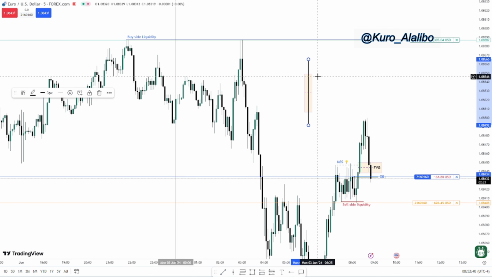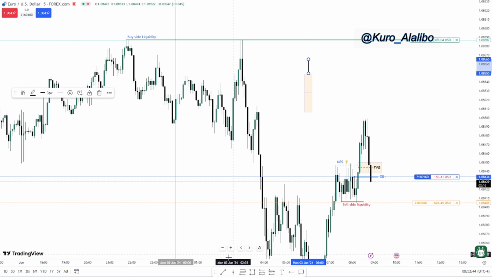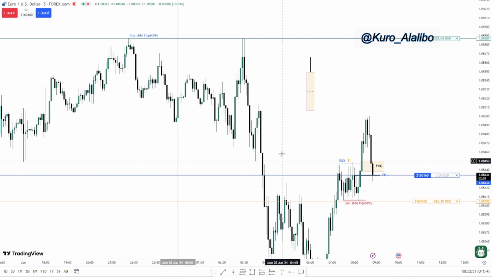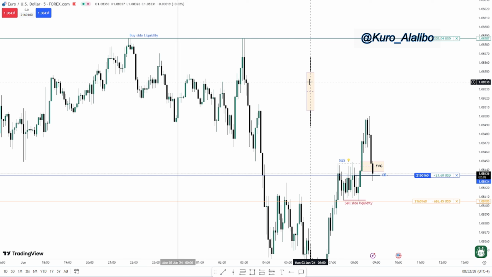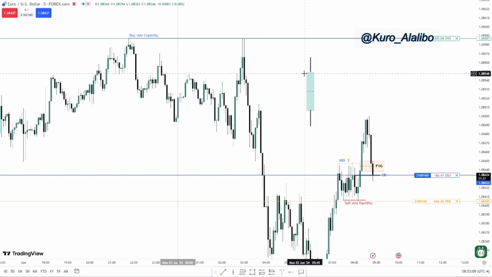So say we are bullish, right? When you have a bullish candle, the candle opens at the low.